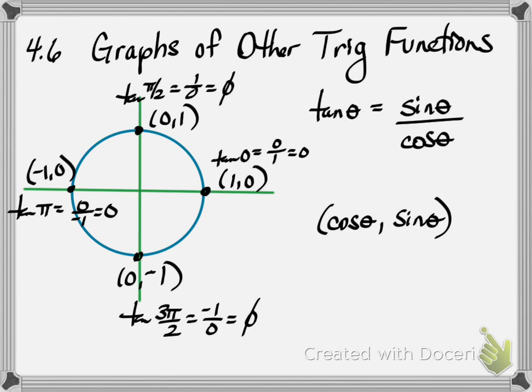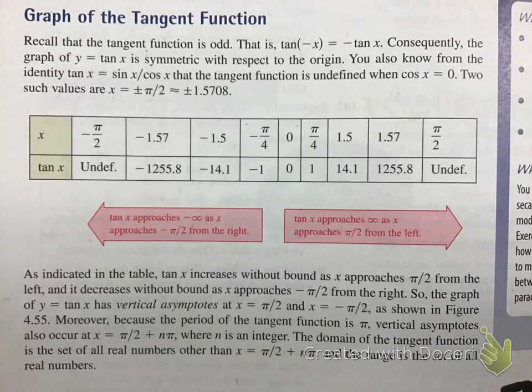Now I wanted to have you all do this in class where we created the big chart on the board, but we're just going to look at it in the book. So I wanted us to do the tangent of these different values and create the chart and then look at what we got.